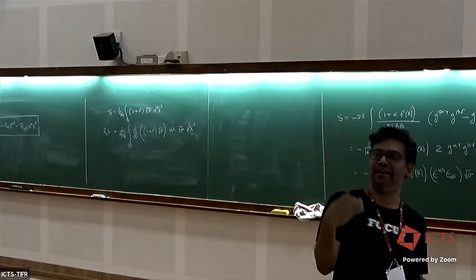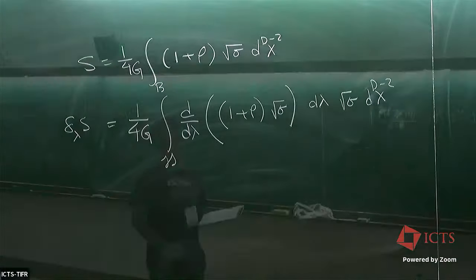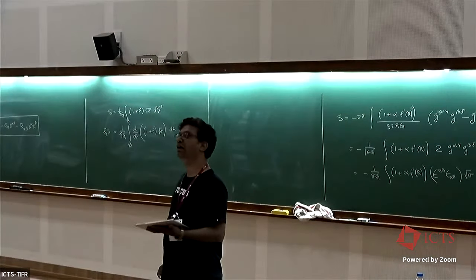That means this contains the integration over the (d-2)-dimensional surface plus another integration between lambda 1 and lambda 2. That is why d/d lambda is there inside. Let's go ahead and take the derivative.